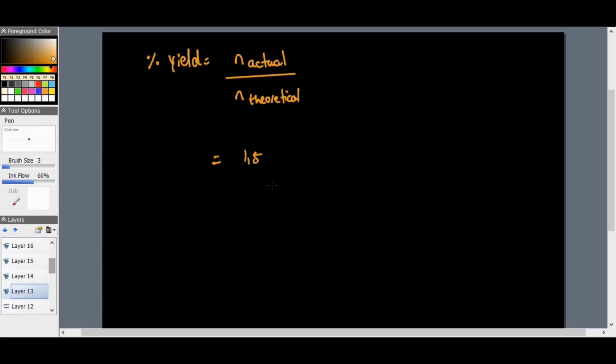Actual, I got 1.5. Theoretically I should have gotten 1.89, and we've got to times that by 100, and therefore my percentage yield is equal to about 1.5 divided by 1.89 times 100, which is 79.37%.